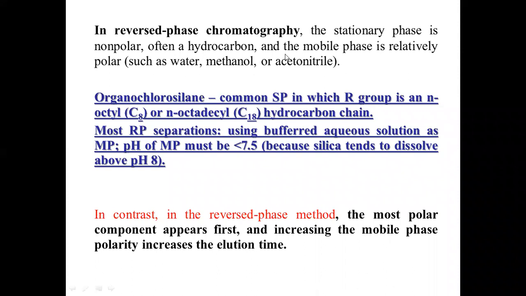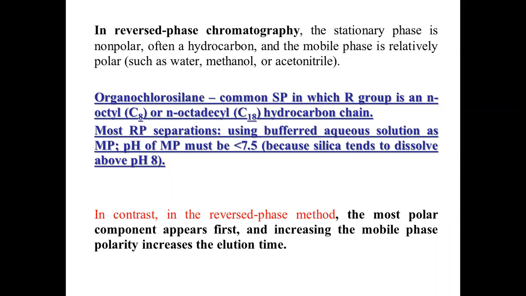So in reverse phase chromatography, the non-polar stationary phase is going to be used. Particularly, a hydrocarbon-bonded silica can be used as a stationary phase, and a relatively polar mobile phase such as water, methanol, acetonitrile, or a mixture of any two or any three of these solvents can be used as a mobile phase.